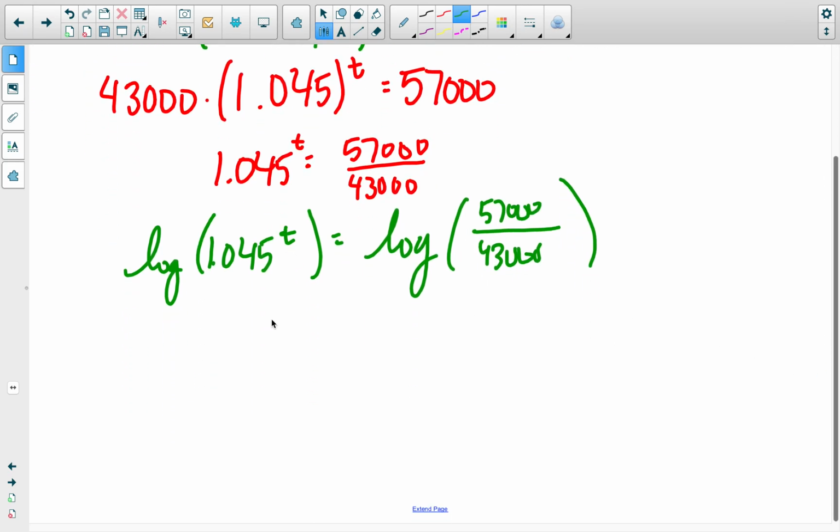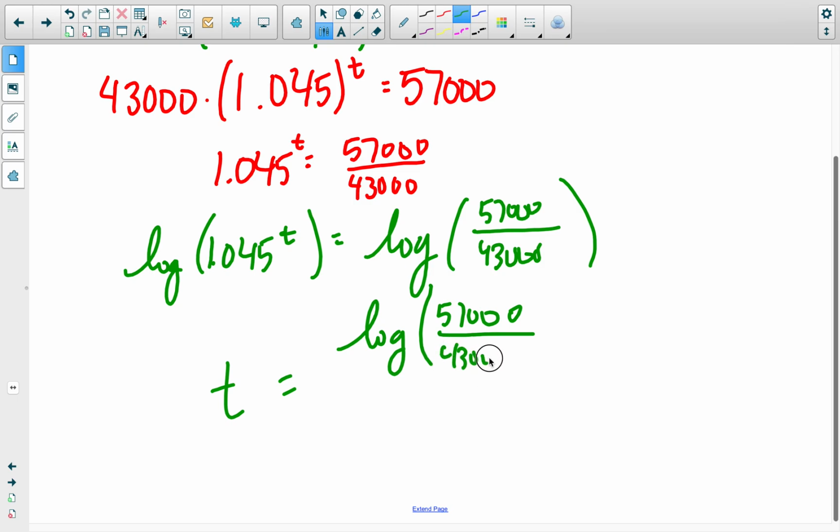Your t is going to come out front, and then we divide both sides by log of 1.045. So we're really just going to end up with this right side divided by log of 1.045.